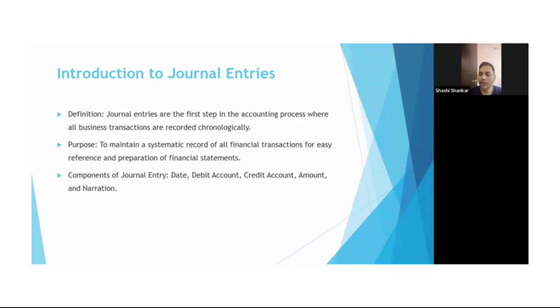Okay, so date wise, chronologically, it should be recorded in the journal. All right. What is the purpose of these journal entries? The purpose is to maintain a systematic record of all financial transactions, for easy reference and preparation of financial statements.